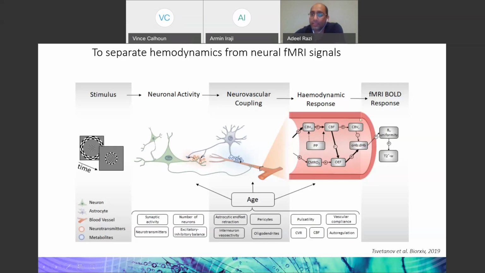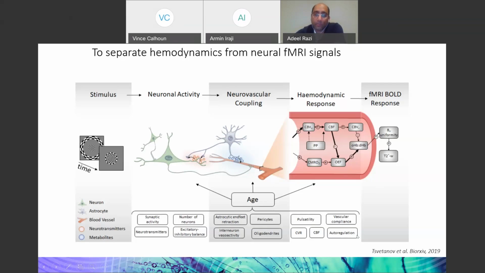But this is a schematic which shows that the fMRI BOLD signal, whether during a task or at resting state, is composed of these three components plus some observation noise. The important point here is that age will differentially affect neural, hemodynamic and neurovascular coupling components. It's not like age has the same effect on all these components; it's a differential effect.